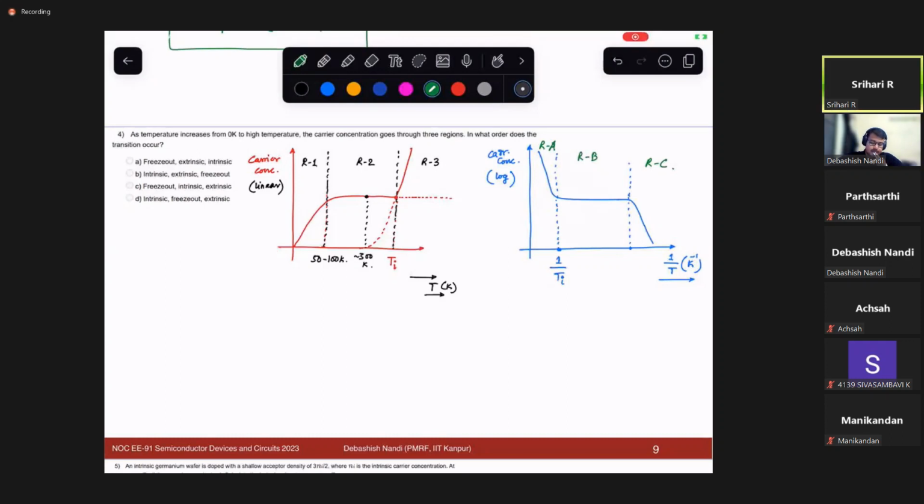The first diagram was in the lecture, sir. In the first diagram you have seen the linear scale versus temperature. Okay. So what happens basically? First, tell me, how many ways... Let's talk about n-type material.